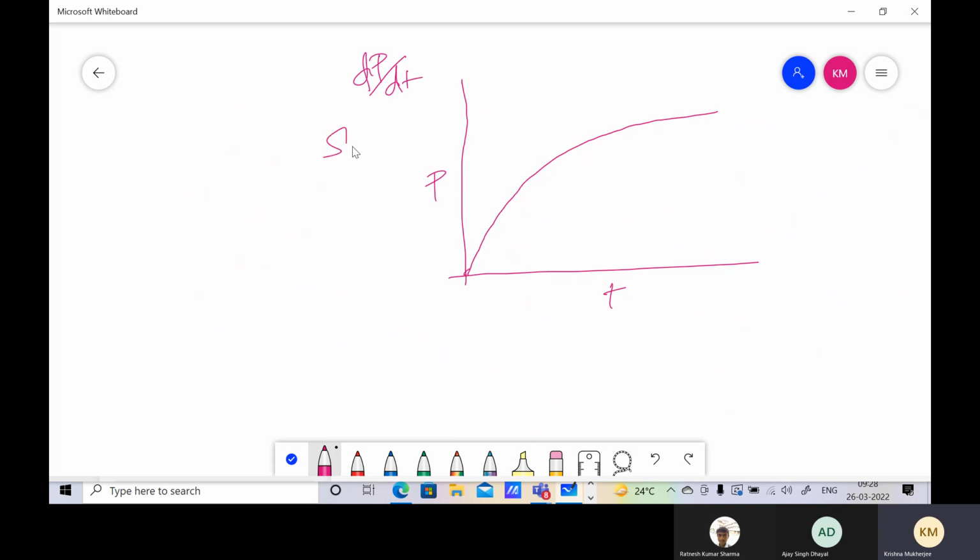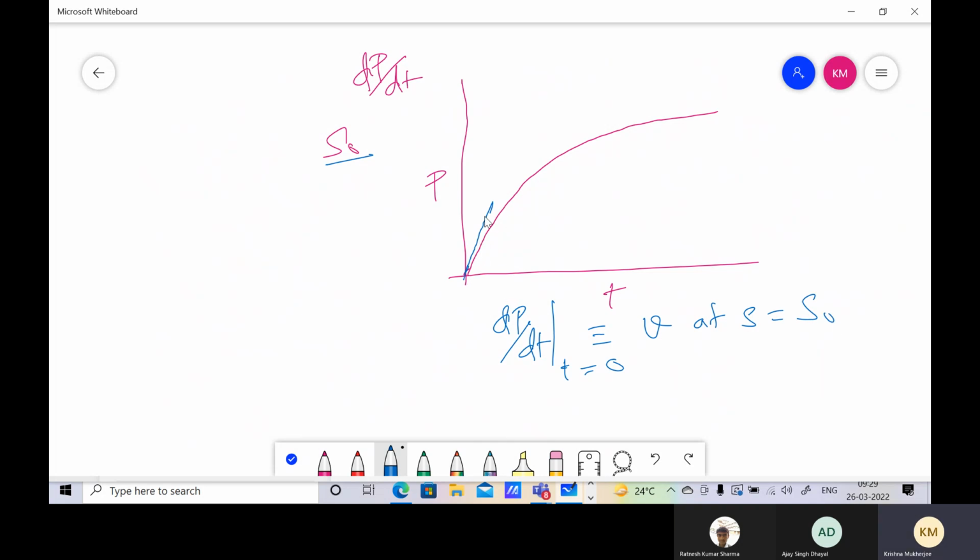So at a certain start, S0, obviously the logical thing is to draw a tangent like this and find out dP by dt at t is equal to 0. And then I know that this is the velocity V, this is V at S is equal to S0.